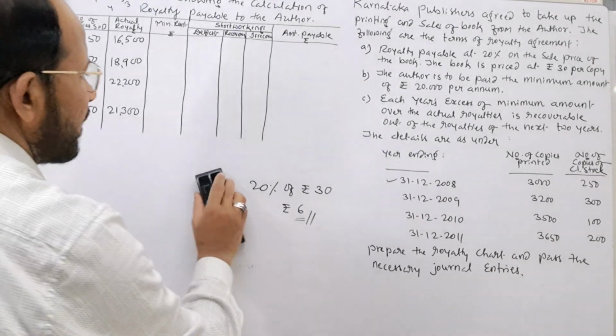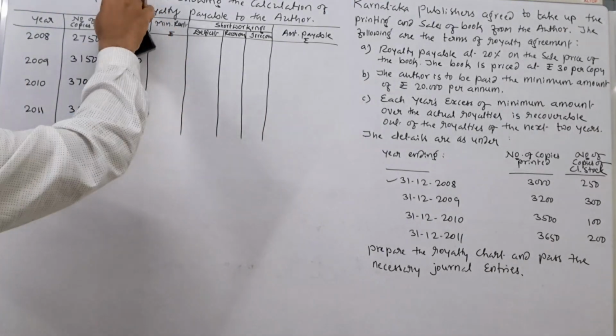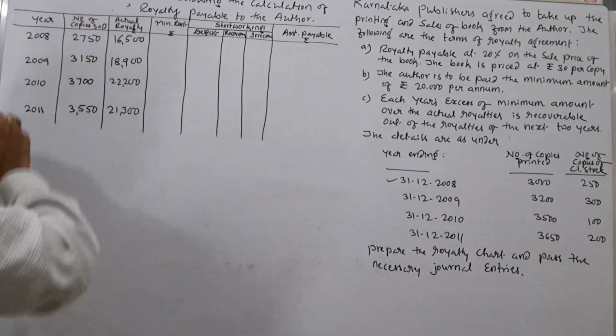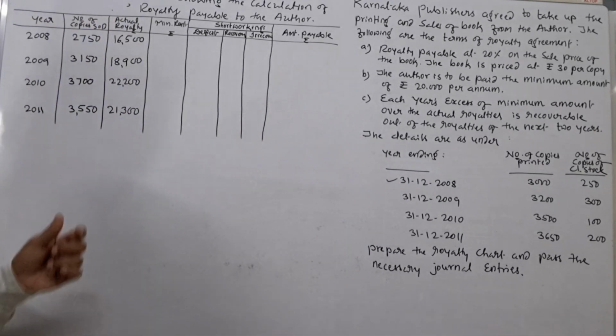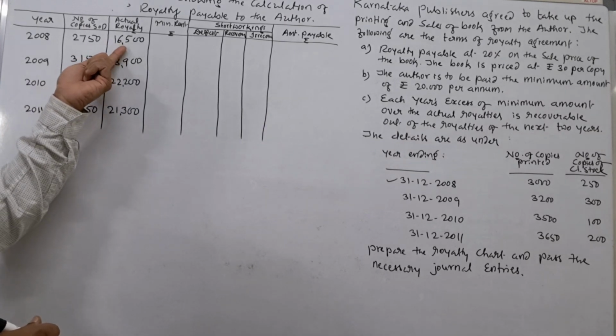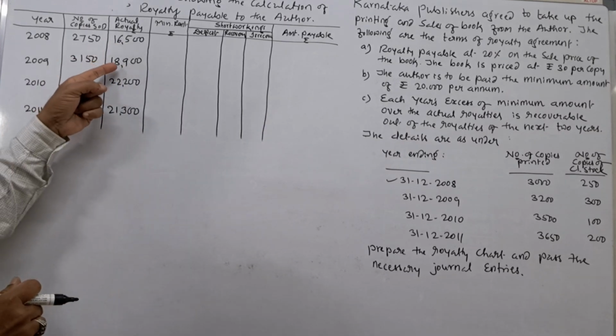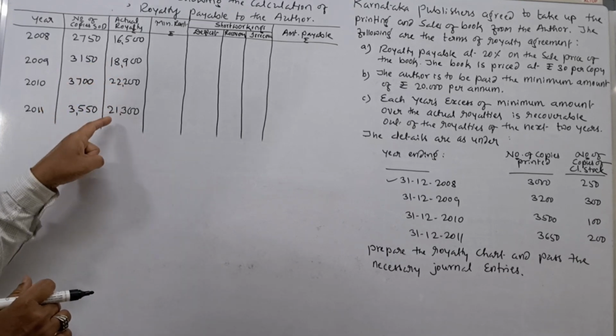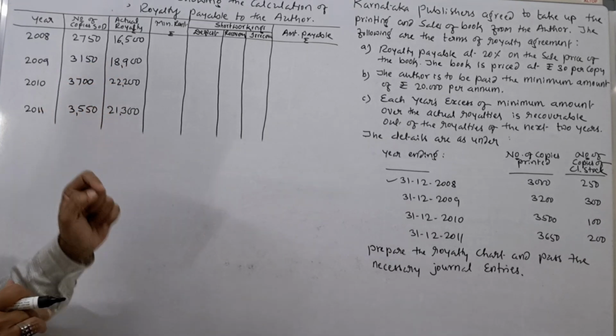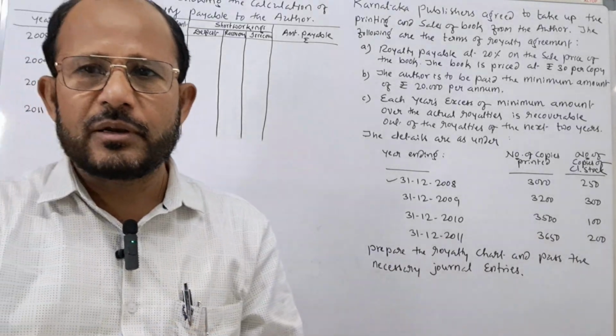Just check that one. Multiply the number of copies sold by 6, you get the actual royalty. So actual royalty is 16,500 in the first year, 18,900 in the second year, 22,200 in the third year and 21,300 in the fourth year.